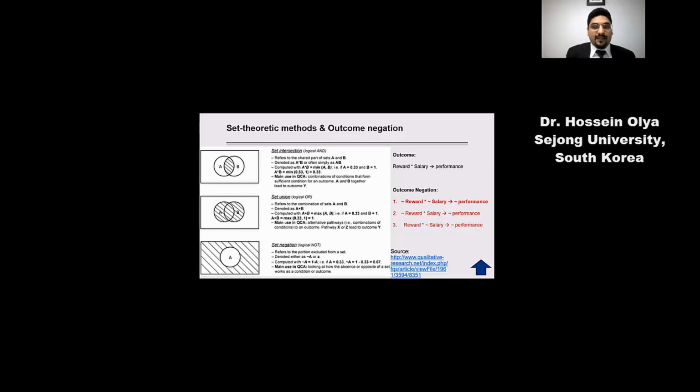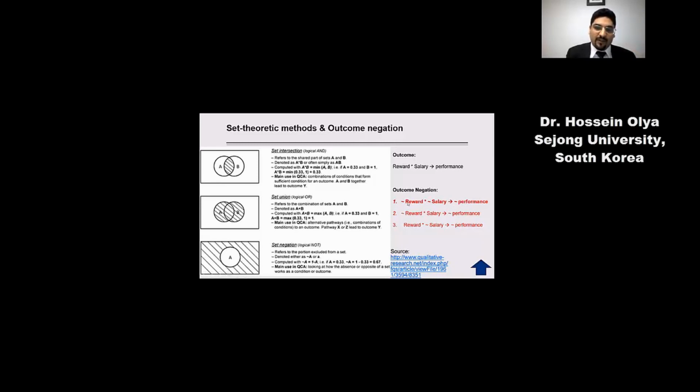But in reality, it's not like that. The causal conditions that lead to the low level of the outcome are not simply the mirror opposite of the conditions that lead to a high level of the outcome. As you can see, the first condition that leads to a low level of performance is based on the conventional thinking.